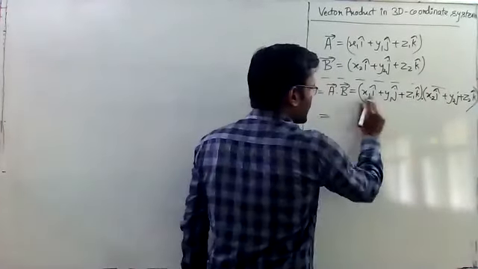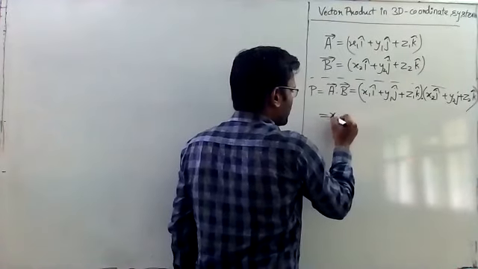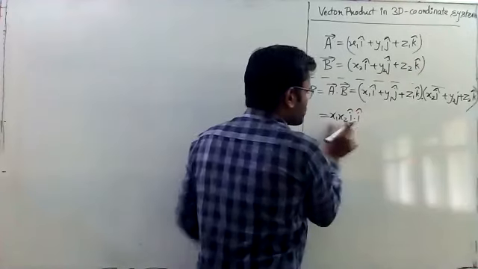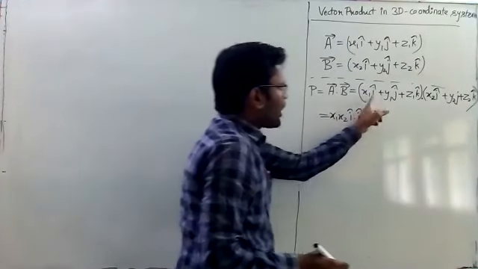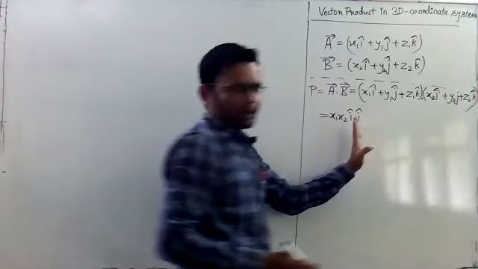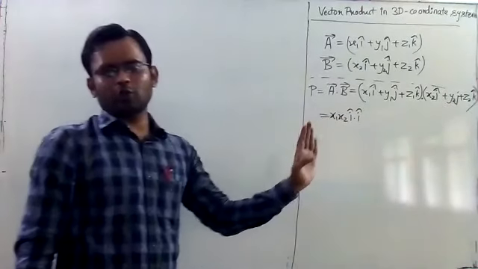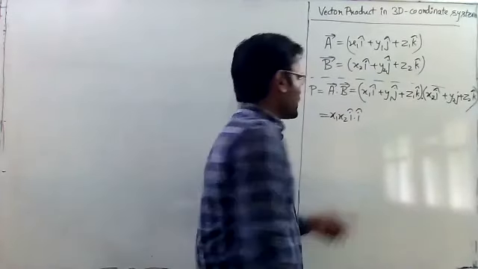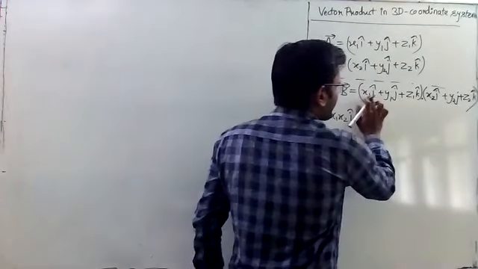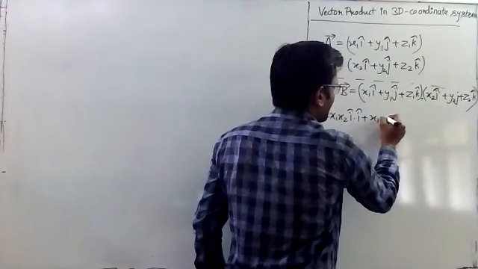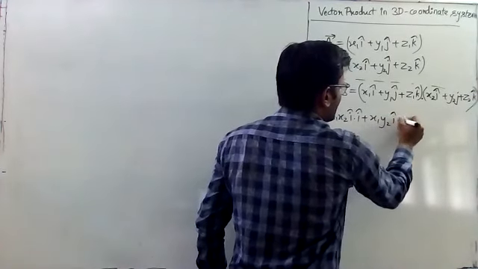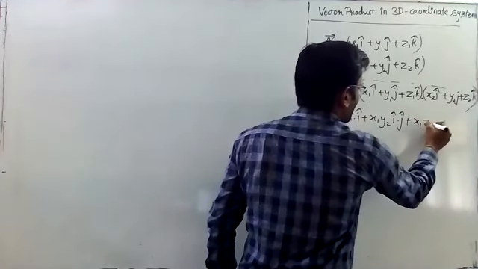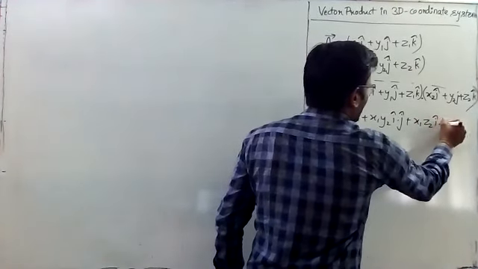x1 into x2, here x1, x2, I cap dot I cap. x1, x2 are scalar quantities. I cap, j cap, k cap are the vector quantities. x1, x2, y1, y2, z1, z2 are scalars. The vectors which I am having are I cap, j cap, and k cap. Plus x1 y2 I dot j plus x1 z2 I dot k.